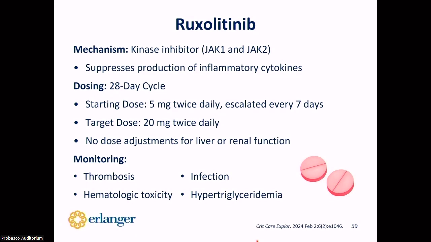They started at 5 milligrams 2 times a day, increased their dose every 7 days to a target of 20 milligrams twice daily. Unlike the package insert, this study did not dose adjust anything for liver or renal impairment. Some key things that we would want to keep in mind with ruxolitinib: it does come with a thrombosis risk, can cause hematologic toxicity, but maybe not to the degree that we see with etoposide. Can also cause infection and hypertriglyceridemia.